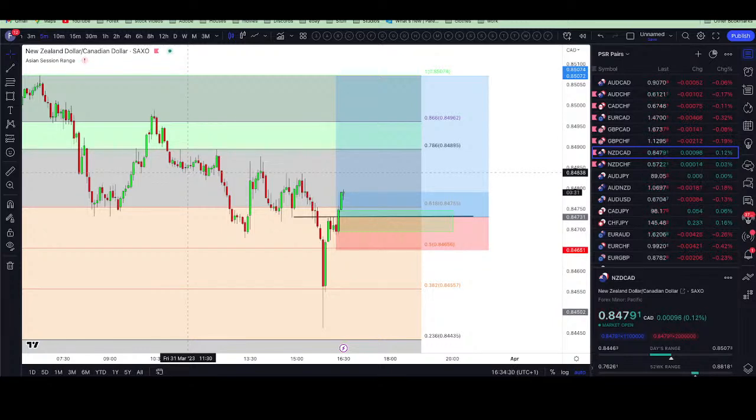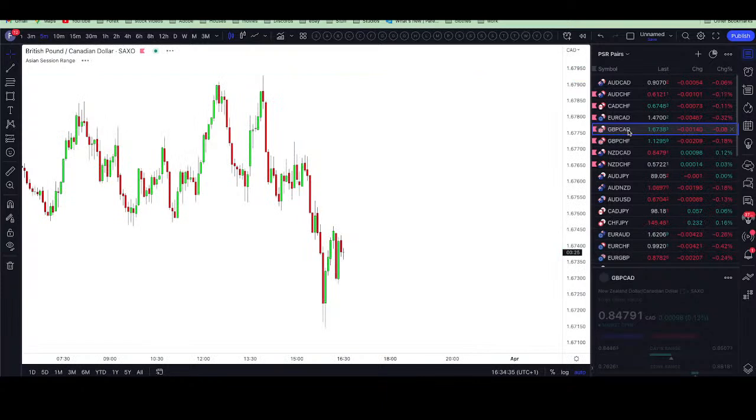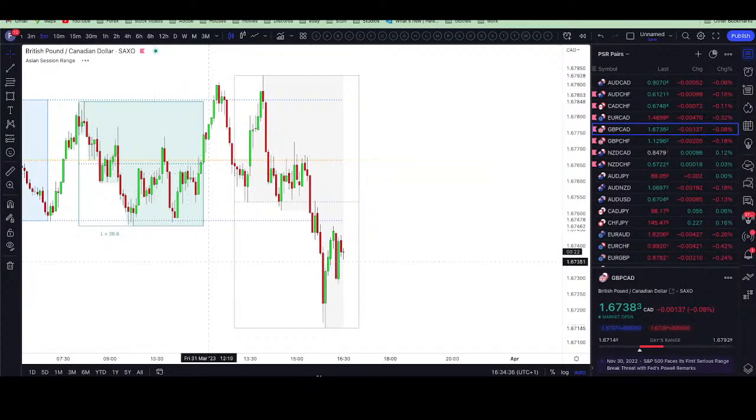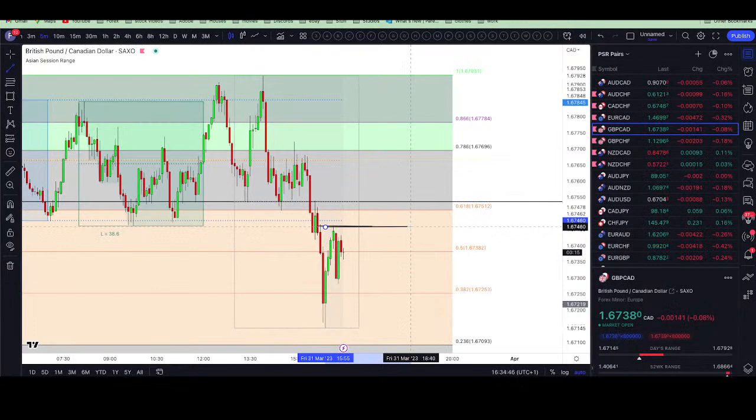Let's see what NZD CAD does. Lucky enough, I stayed on here to see this play out. GBP CAD still lingering down. You got a 5-minute break of structure here on GBP CAD now. On the 1-minute time frame on Neo, the indicator is there as well. Yeah, no, definitely.